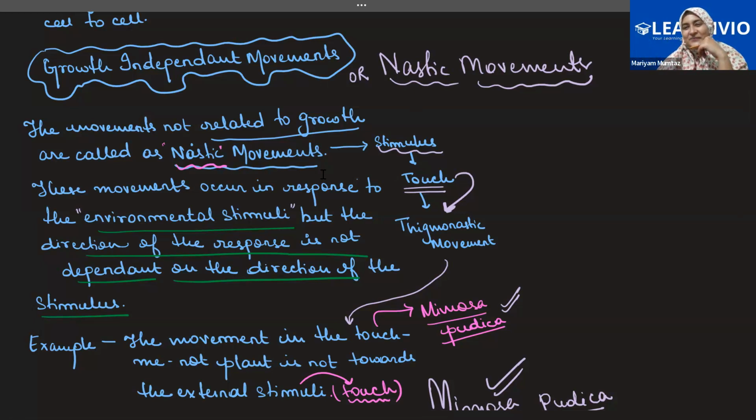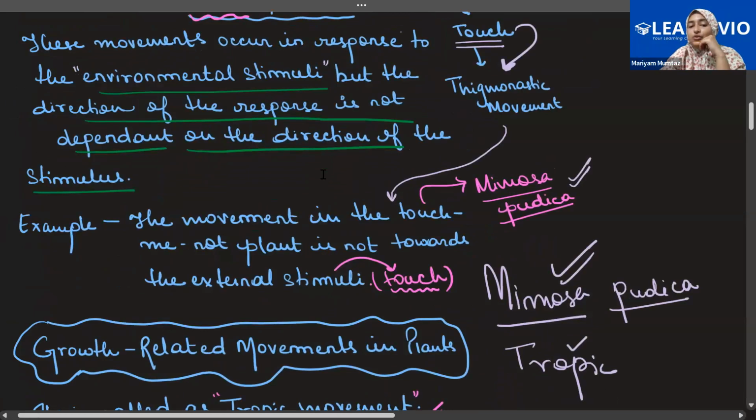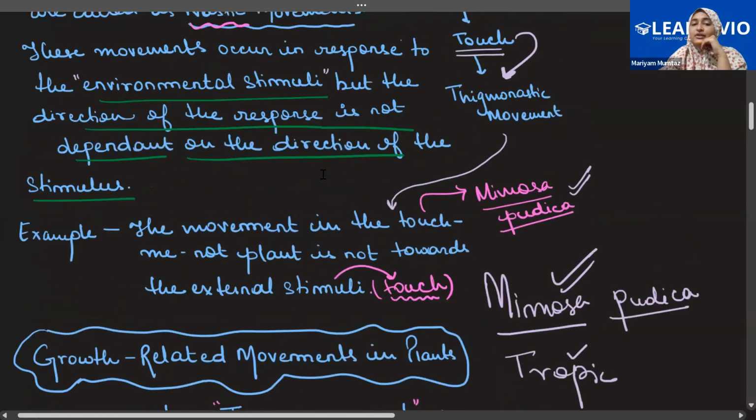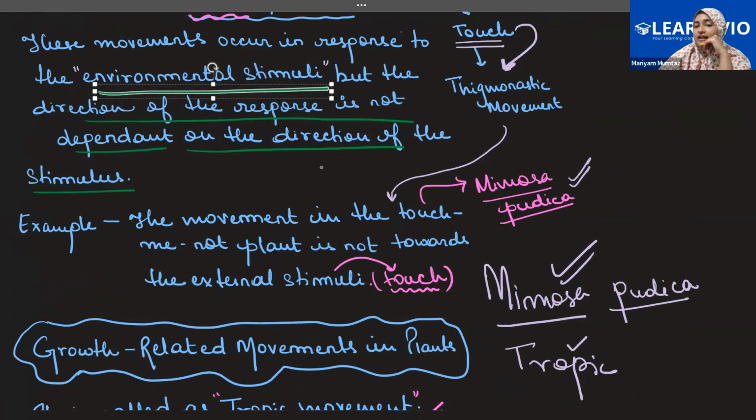Yeah. So whenever you touch a touch me not plant, it curls its leaves away, right? It folds itself. It's like the most anti-social plant in the world, isn't it? It's like, no, I don't want to interact with you at all, right? So this is the greatest example that you can use whenever you talk about the nastic movement, meaning the movement in the touch me not plant is not towards the external stimuli.